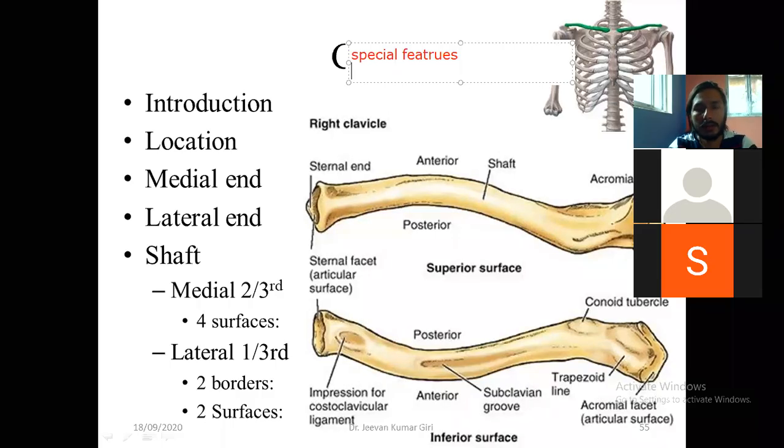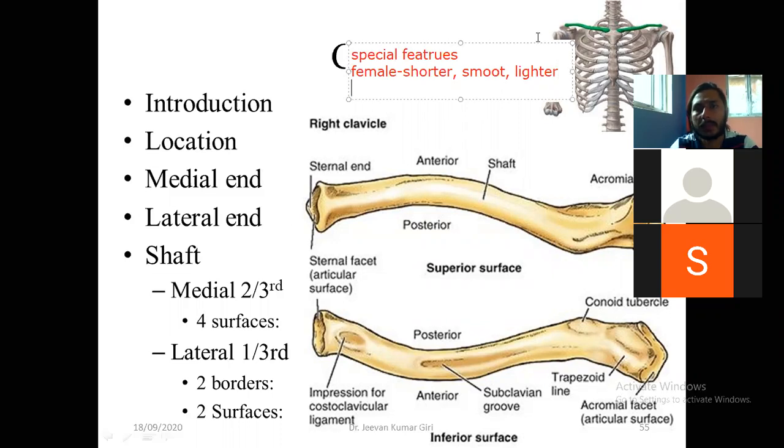So in female, the clavicle is shorter, the surface is smooth, and the weight is lighter. In case of male, it is the opposite.